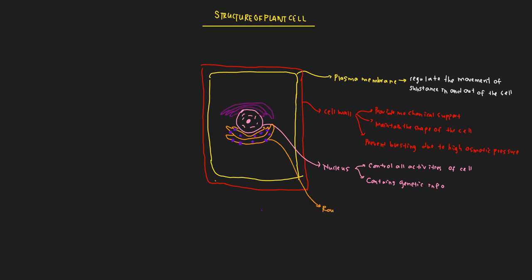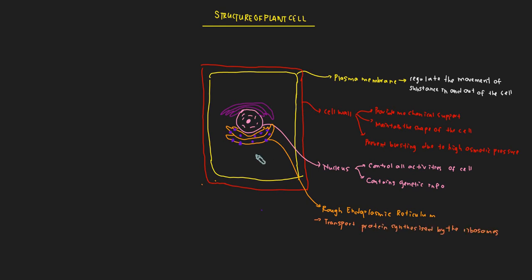We label it as the rough endoplasmic reticulum. And the main function of the rough endoplasmic reticulum is to transport protein synthesized by the ribosomes.